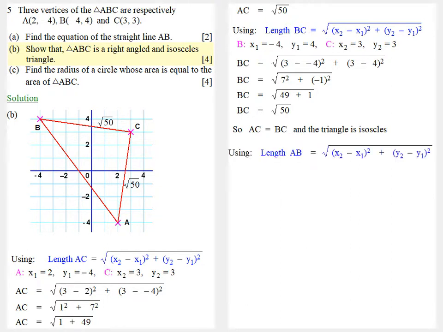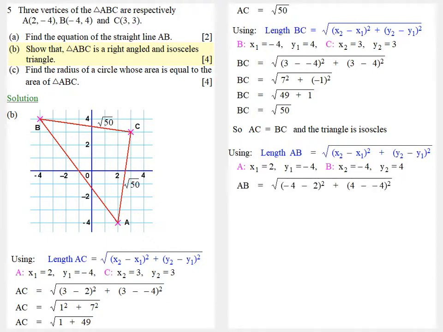Now, to show that the triangle is right-angled, we can calculate the length of AB. We use the same formula. For A, x1 is equal to 2, y1 is equal to minus 4, and for B, x2 is equal to minus 4, y2 is equal to 4.